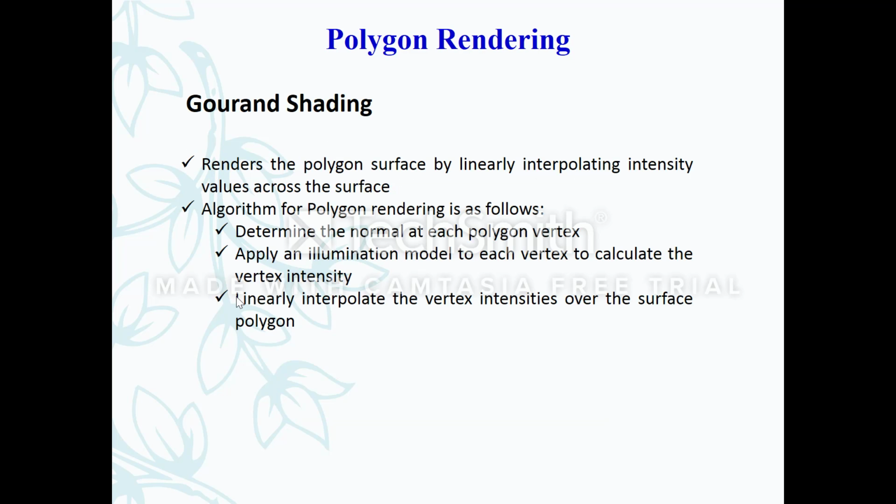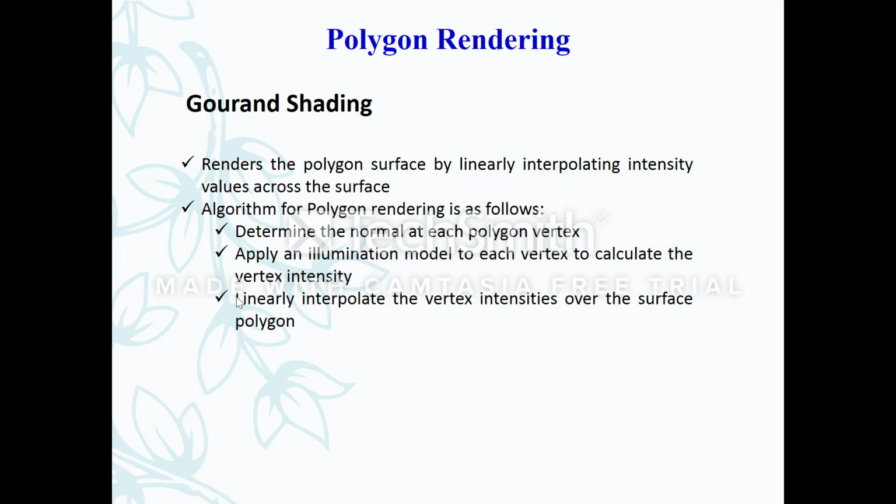Next is Gouraud shading. What is Gouraud shading? What is the difference between Gouraud and flat shading? In contrast to flat shading, with smooth shading the color changes from pixel to pixel.